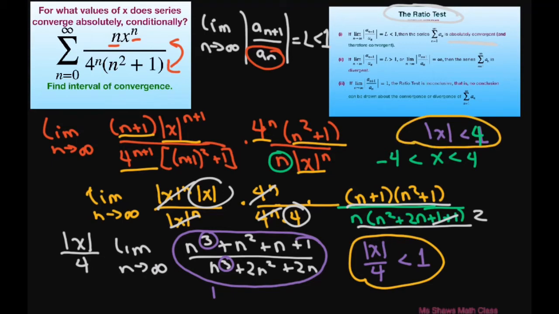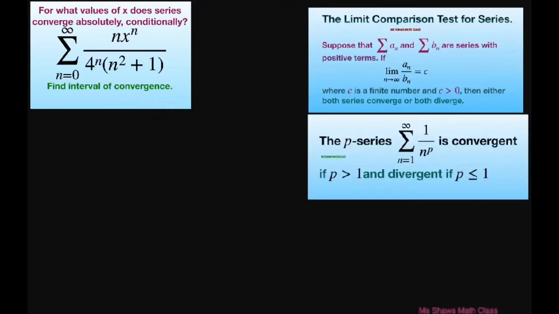So what we want to do is look at these endpoints to see if it actually can equal negative 4 or 4. Like, can we put equal signs here? We check whether negative 4 and 4 are convergent as well.